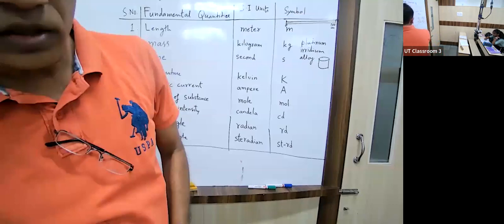So speed we have defined. Now we have the concept of average speed. What is average speed? It is defined as total distance covered upon total time.